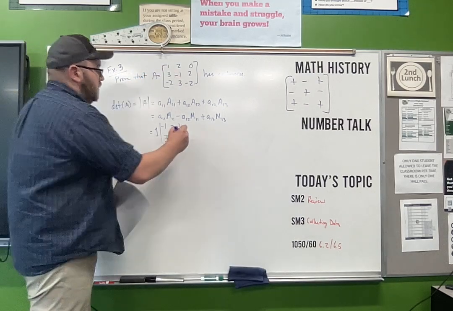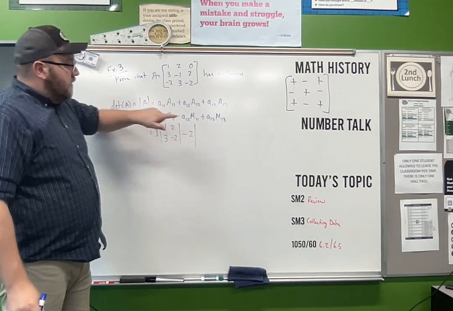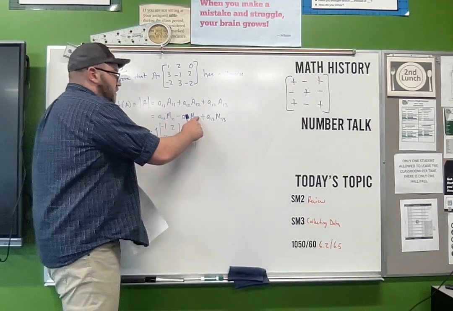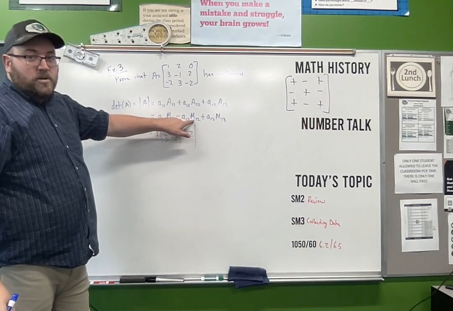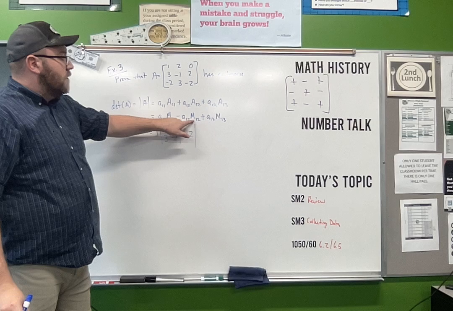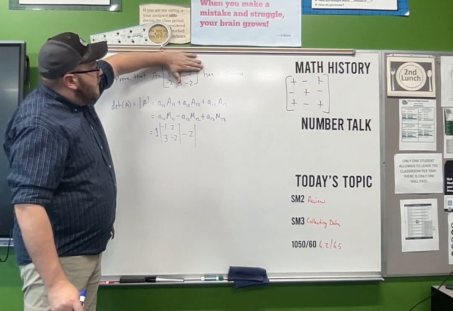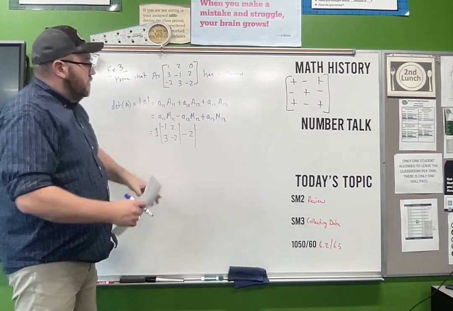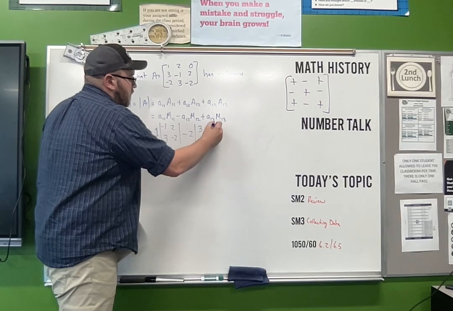So a 2 times the minor, the determinant of the matrix. Oh, sorry, this is 1, 2. The determinant of the matrix when you eliminate first row, second column. So eliminate first row, second column, and you got 3, negative 2, 2, negative 2.